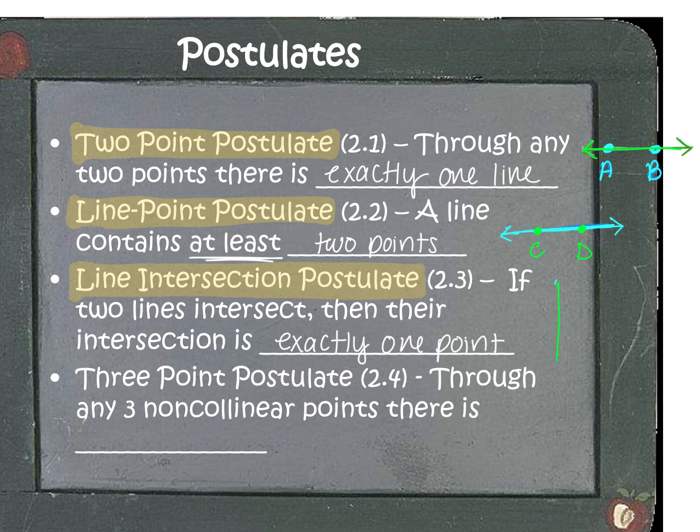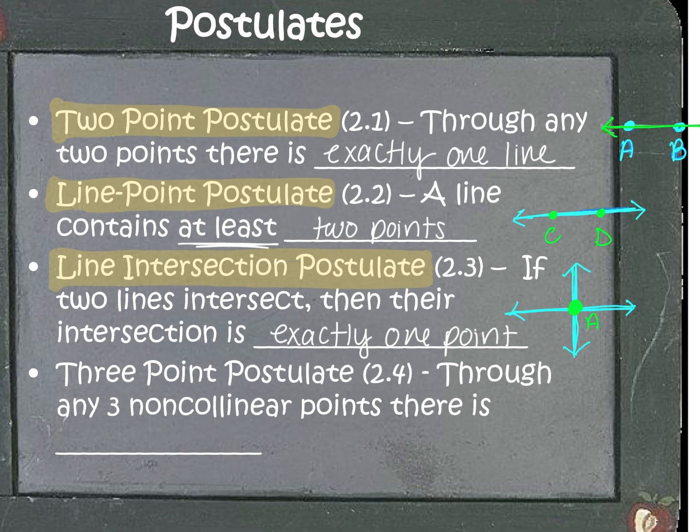Should be blue first. Here are my 2 lines. If I have 2 lines, then I'm going to have exactly 1 point where they intersect. Okay, 1 point where they intersect.